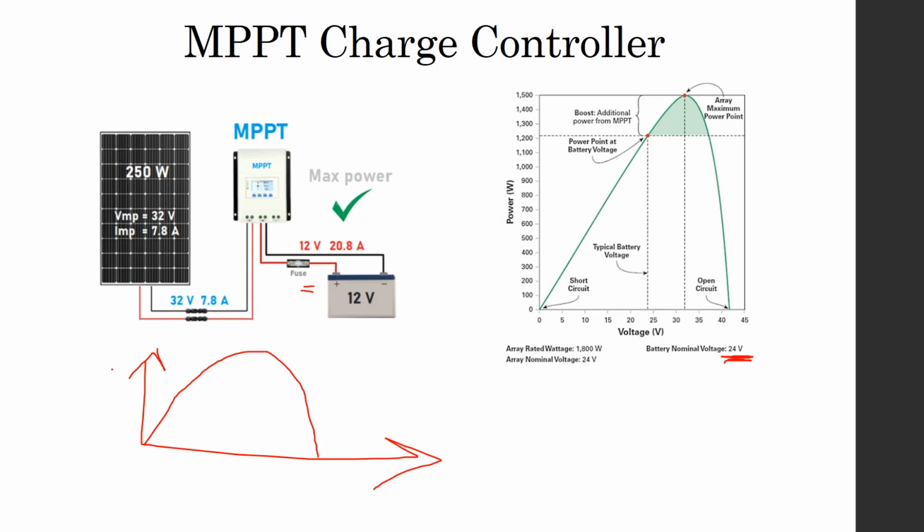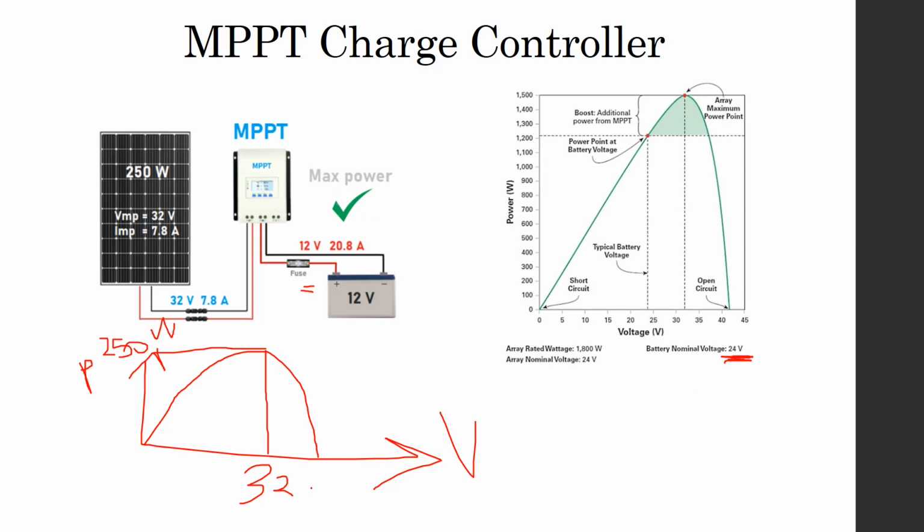For this panel, we will have 250 watt at a certain voltage, which is the maximum power here from the characteristics of the panel, 32 volt. This is the voltage and this is the power, okay? So the panel produces the maximum power of 250 watt at 32 volt.